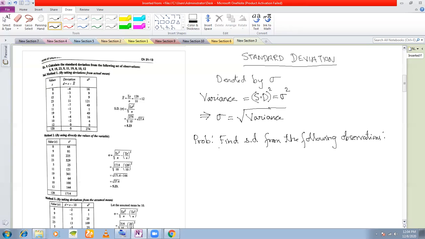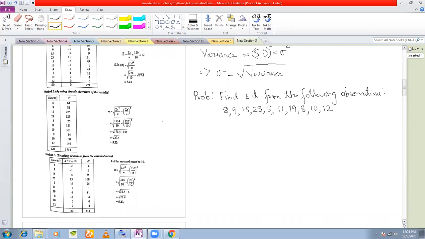What are the observations given? 8, 9, 15, 23, 5, 11, 19, 8, 10, 12. These are the data given, and you will have to find out the standard deviation of these observations. These are not arranged in class intervals. If this kind of problem is given, this is the way you are going to proceed.